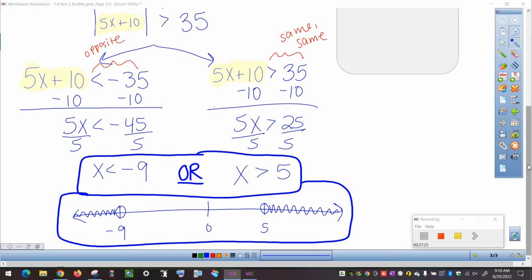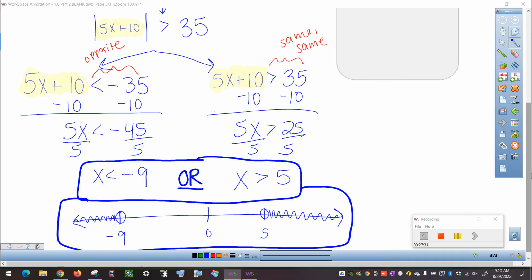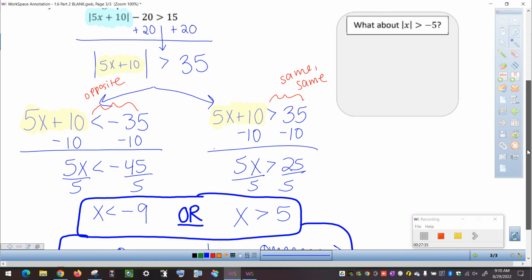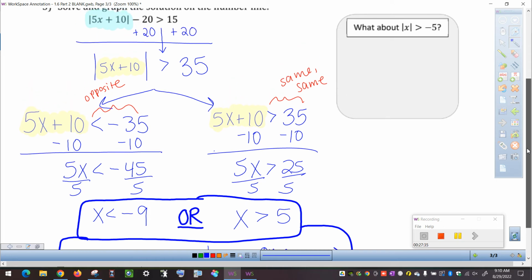All right, and then there was one last little bubble off to the side here about the greater than symbol being used. So what about something like the absolute value of x is greater than negative 5? Well, up until this point, we saw that if you have the absolute value of something equal to a negative, it's no solution.